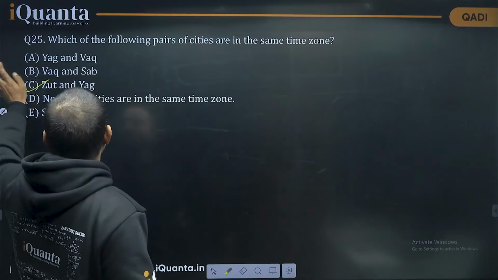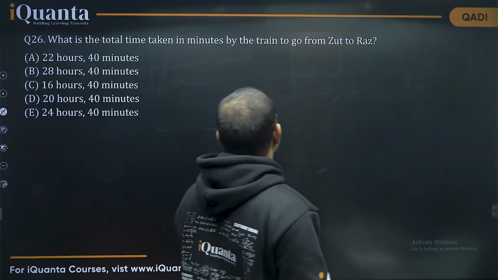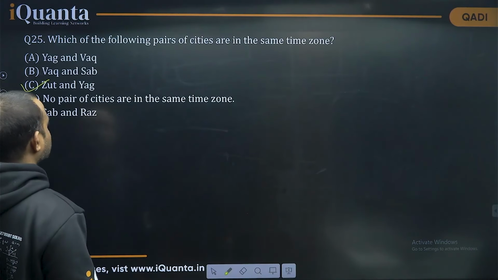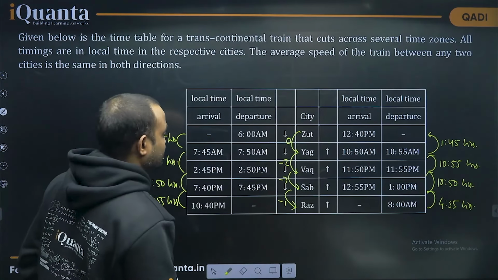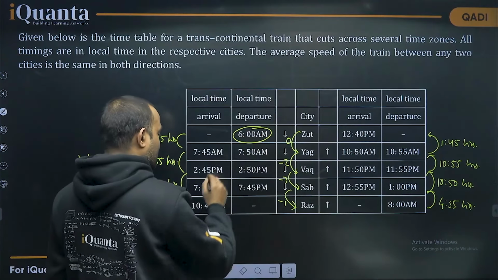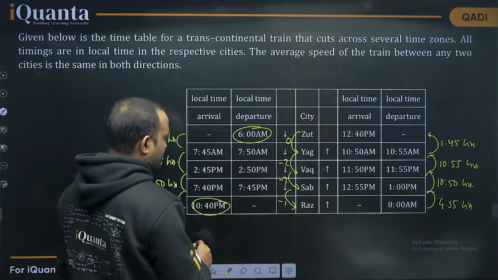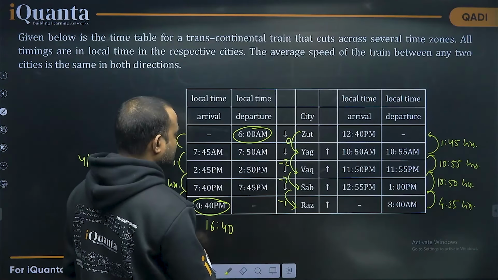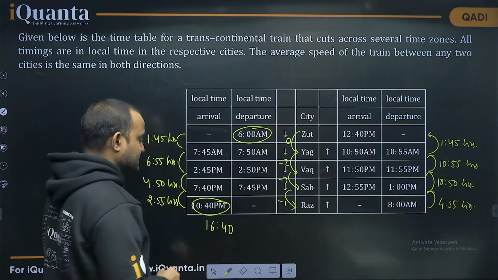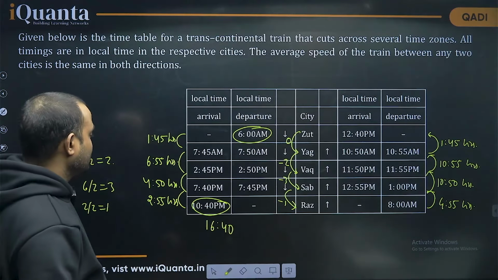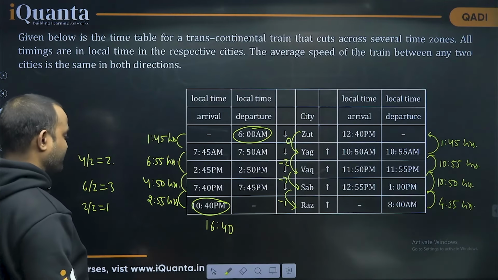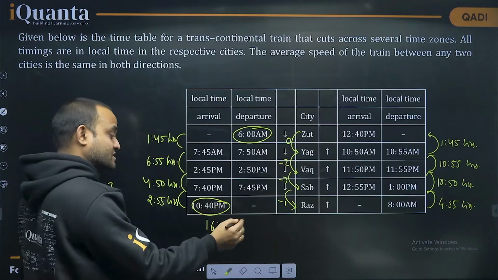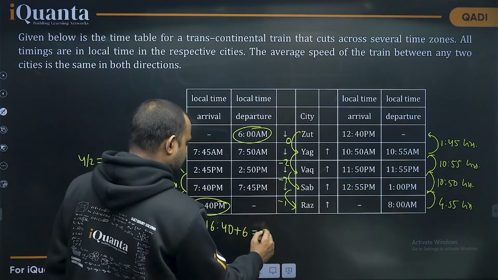Option C. What is the total time taken in minutes by the train to go from XAT to Raj? XAT to Raj, total travel time. See, starting at 6 a.m., arriving at 10:40 p.m. This time is total 16 hours 40 minutes, right? And there is a gap of 6 hours, because of this this is 6 hours less. So we will have to add this time zone difference.